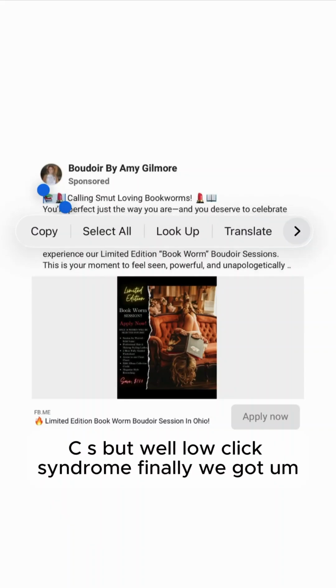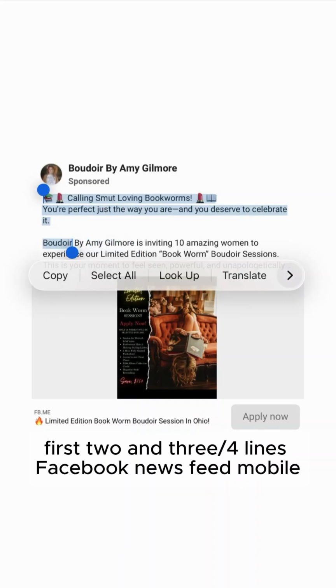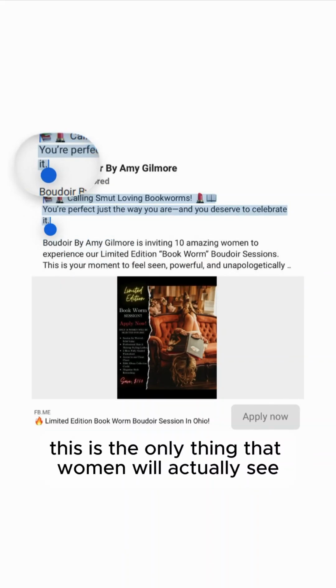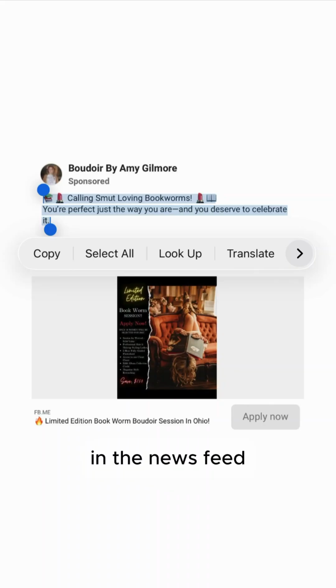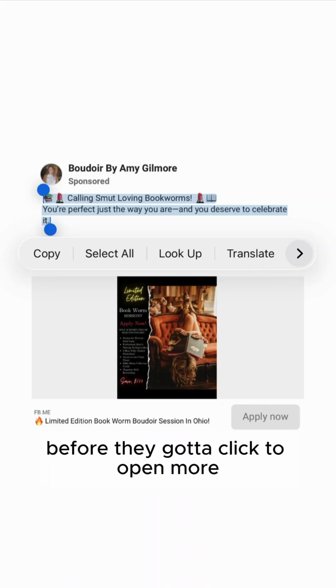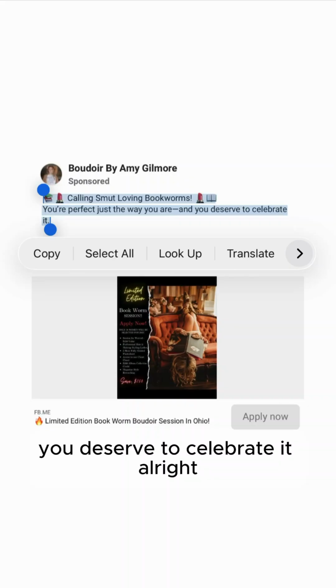Finally, we've got the see more headline up here. The first 2 3/4 lines in the Facebook newsfeed on mobile is the only thing that women will actually see in the newsfeed before they have to click to open more to see more. It says, calling small 11 bookworms, we just deserve to celebrate. All right, so small amounts of context here, but this is the lack of context mistake.